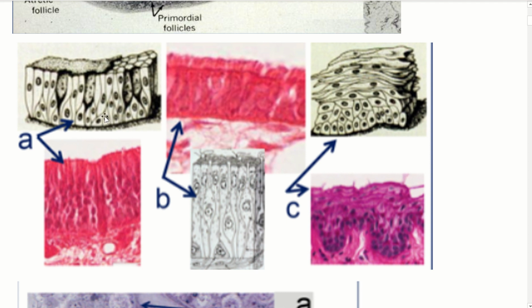I know that because it looks like more than one layer, but the cells do look column-like. That's why it's pseudostratified. And then there's cilia on the top, and there are even goblet cells. We learned that this pseudostratified columnar ciliated epithelium is very characteristic of respiratory epithelium.